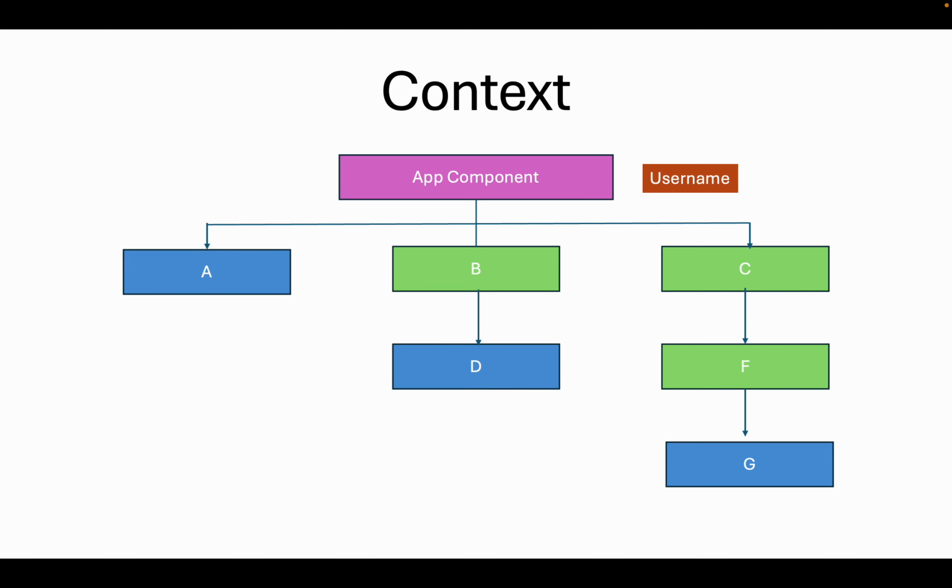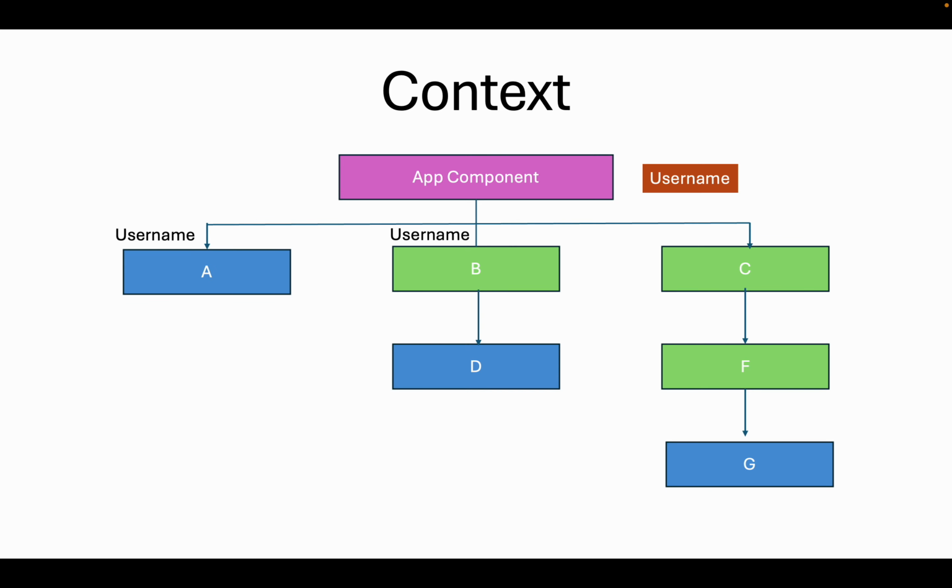So for A, although it's very normal and clear, I have to pass this username as a props from my app component. So I can receive it as username as a props in my A component and use it, display it, or do whatever I want. In the second scenario, when I want the username in component D, I have to pass this username from the app component to the B component.